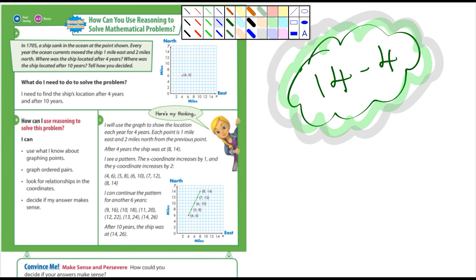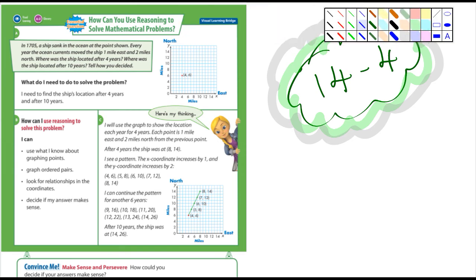So in this example here, it says in 1705, a ship sank in the ocean at the point shown, and it looks like the point is, what is that point? It's 4, 6, kind of small for me to read here. Every year, the ocean currents move the ship 1 mile east and 2 miles north.